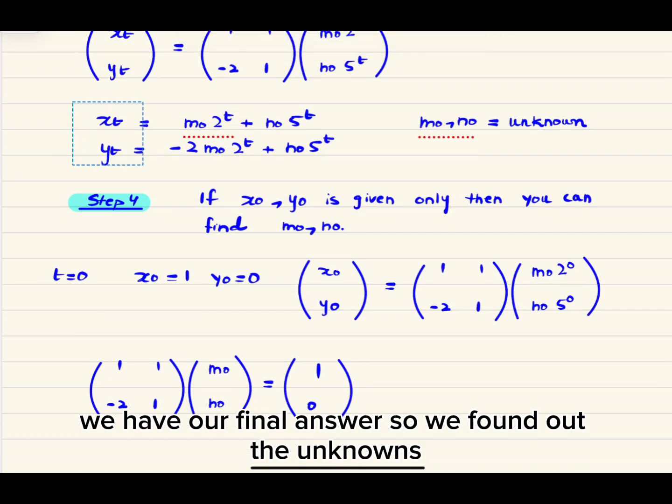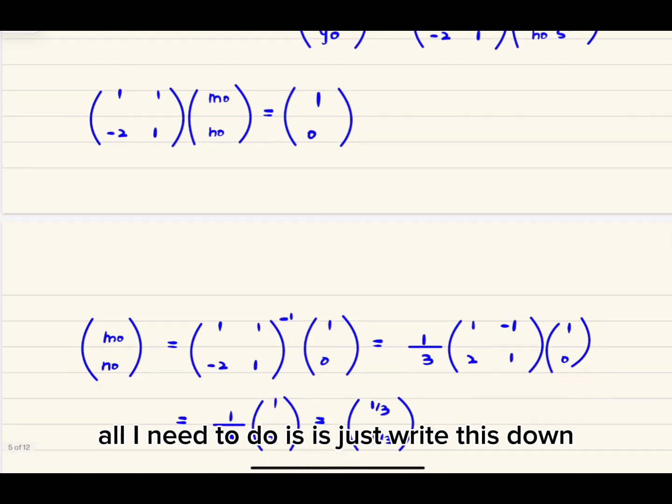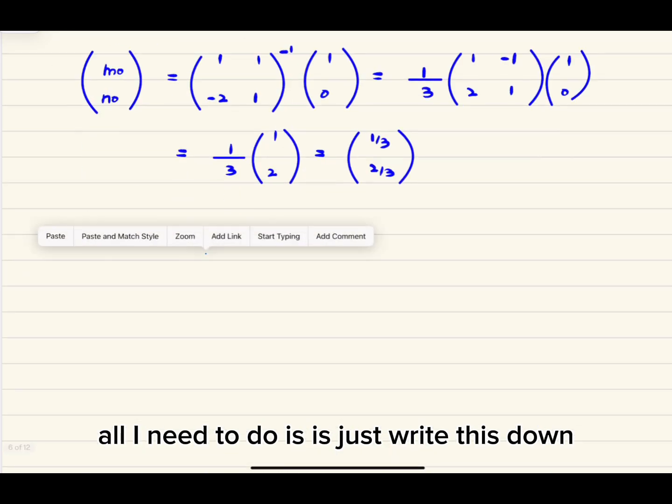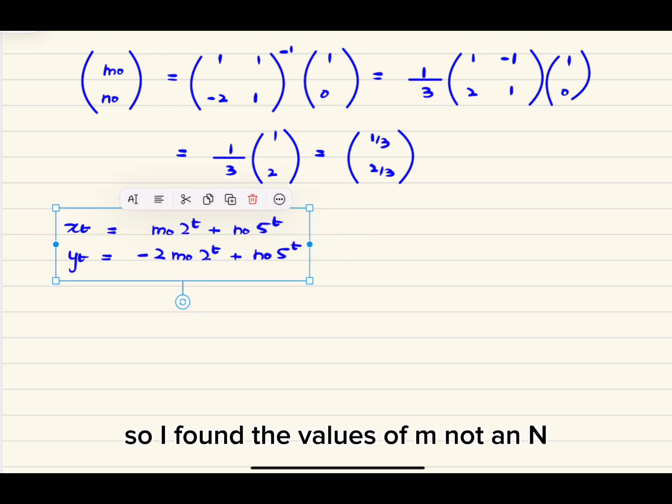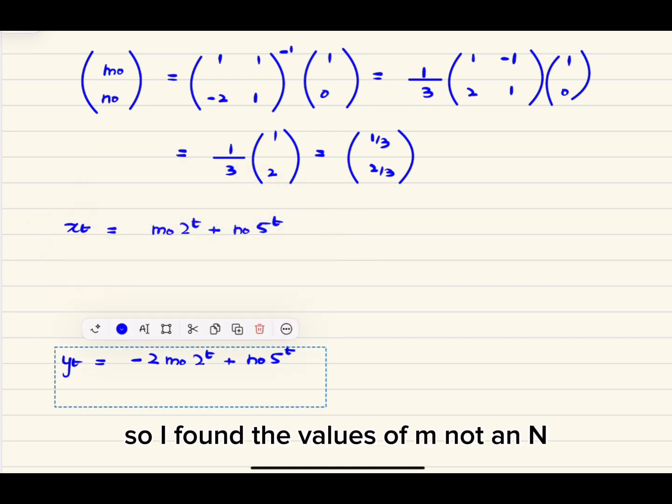So we found the unknowns. All I need to do is just write this down. So I found the values of m naught and n naught.